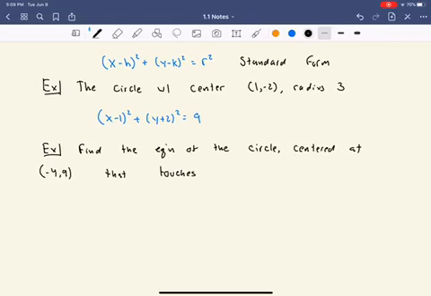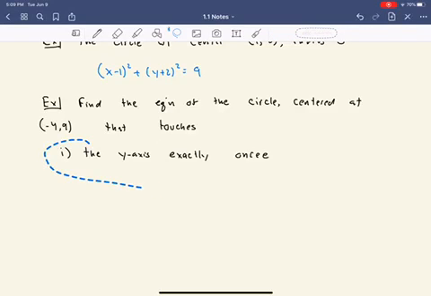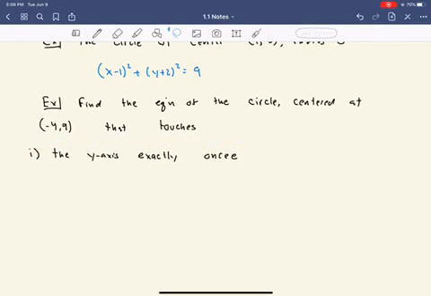There's actually going to be two problems here. And the x-axis exactly once.